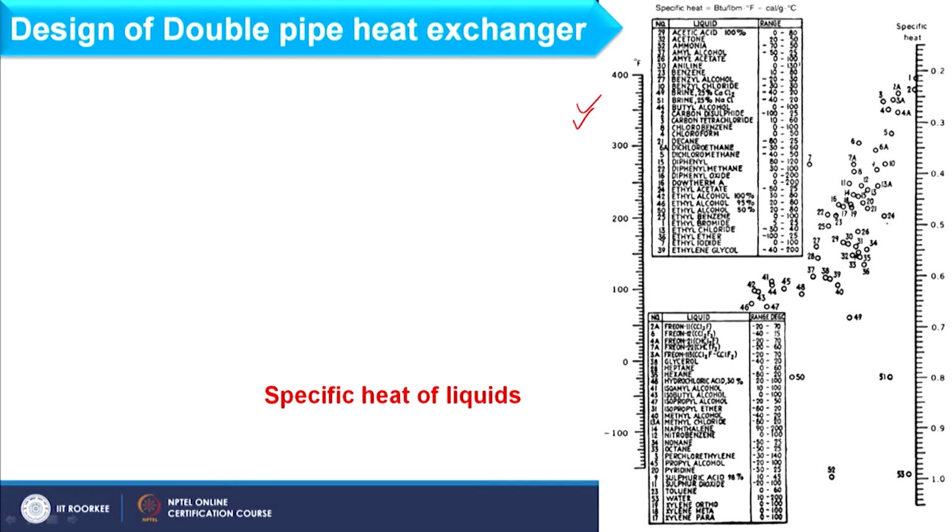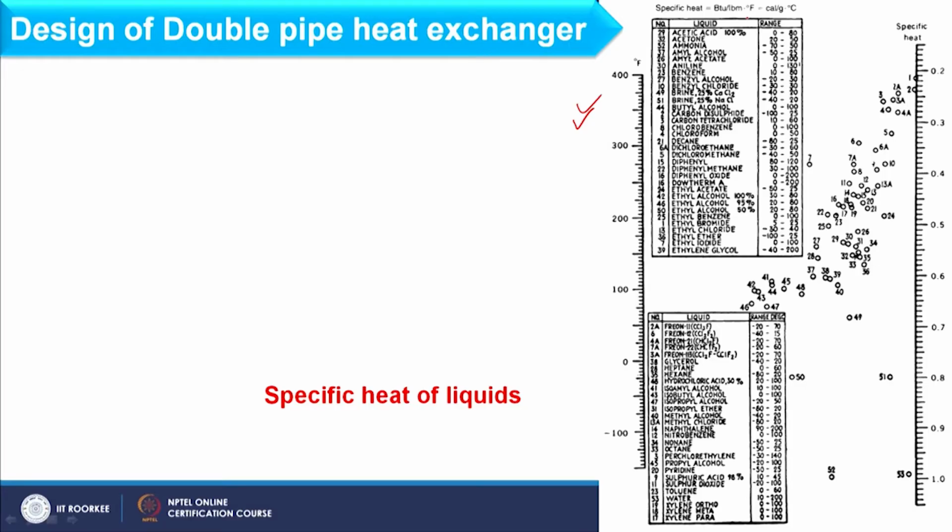In the appendix these graphs are given and you can read the value from these graphs. Here we have the specific heat value. On the left side we have temperature, and this is again the average temperature, and on the right side we have specific heat values.